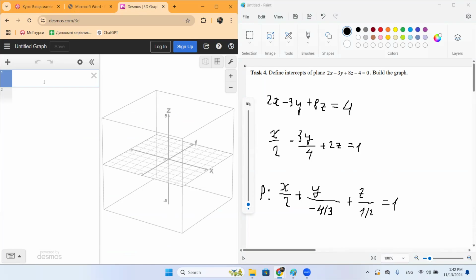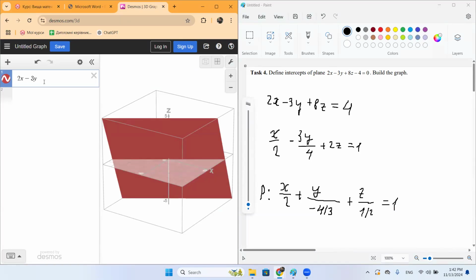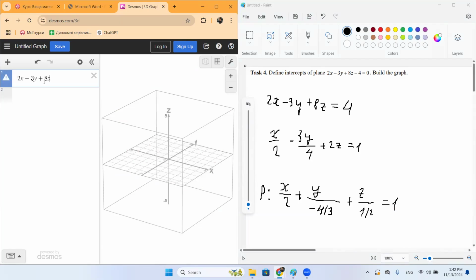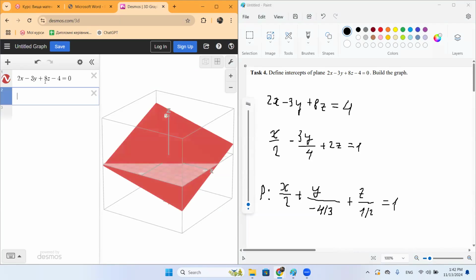So let's write both the general equation and the intercept form, and build the graph by both to verify that everything is correct. So x by 2 plus y by minus 4 thirds plus z by 1 second equals 1.